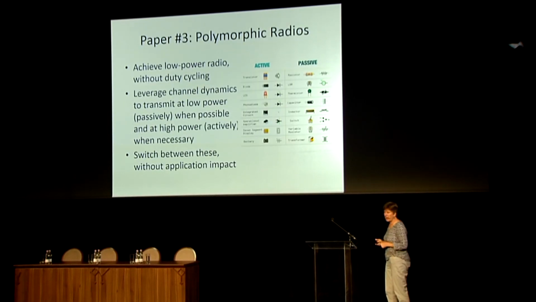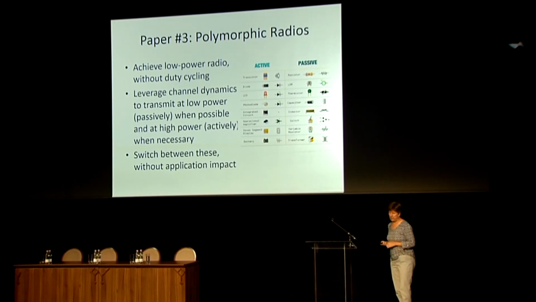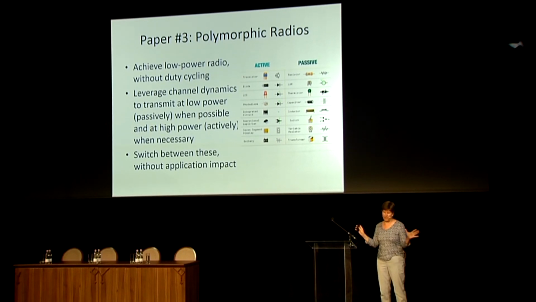Okay. The last paper, which I'll say the least about, and I'm out of time anyway, is now moving away from the antenna world, certainly away from the multiple antenna world, into the radio world.